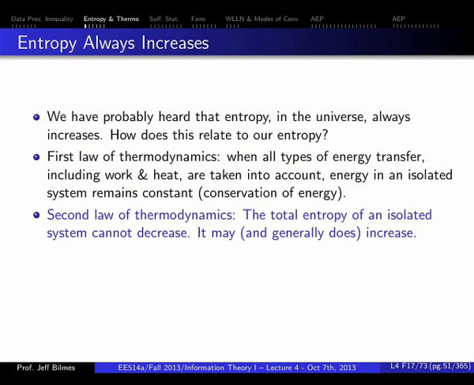Basically, the total amount of entropy in an isolated system cannot decrease. It can only increase. Whenever there's some sort of energy transaction, the total amount of entropy increases, and hence, in this isolated system, it can only become more uniform.